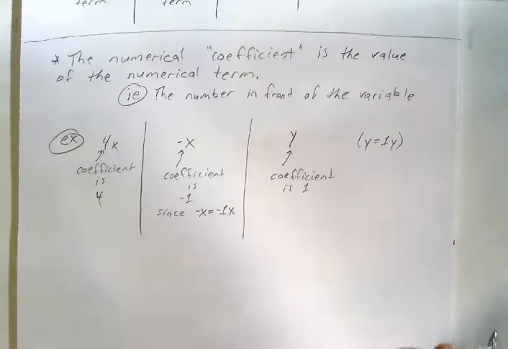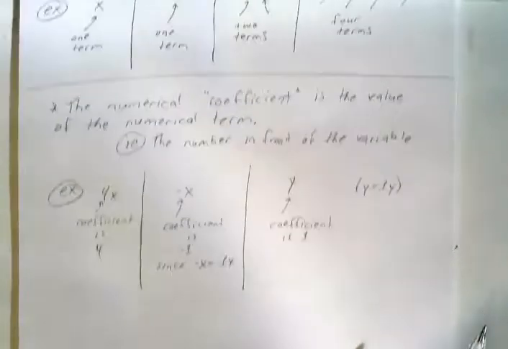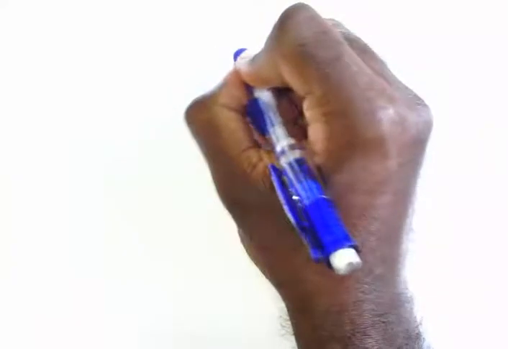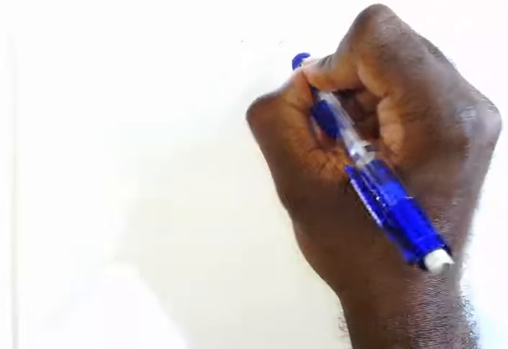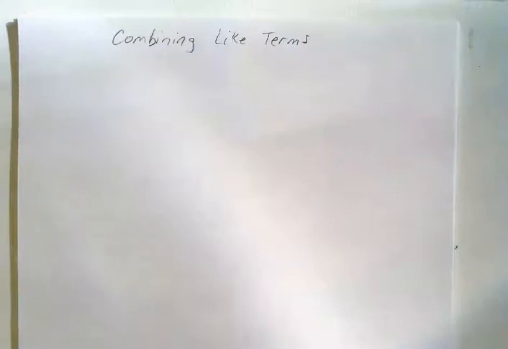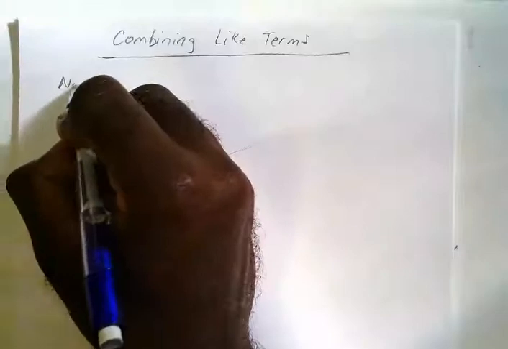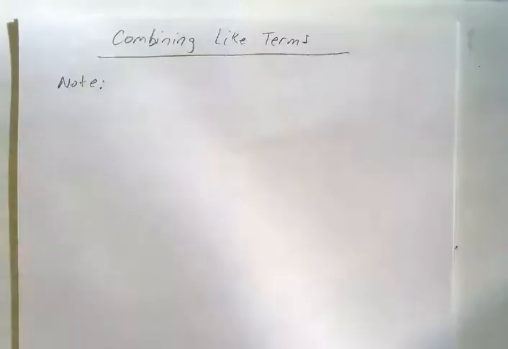So let's move on to our next area, and that's combining like terms. Okay, and when combining like terms, the variables must be exactly the same in order to combine them, even the exponents.